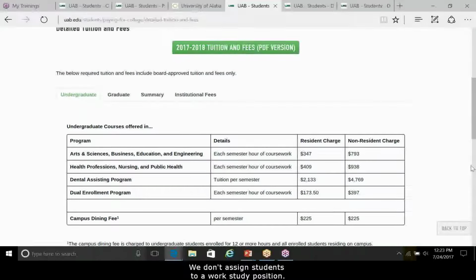We don't assign students to a work study position. We want them to have an experience that they're interested in, and I don't want to put somebody who'd really like to be a lifeguard in the library. But that Hire a Blazer website is a great place to find information about available work study positions.